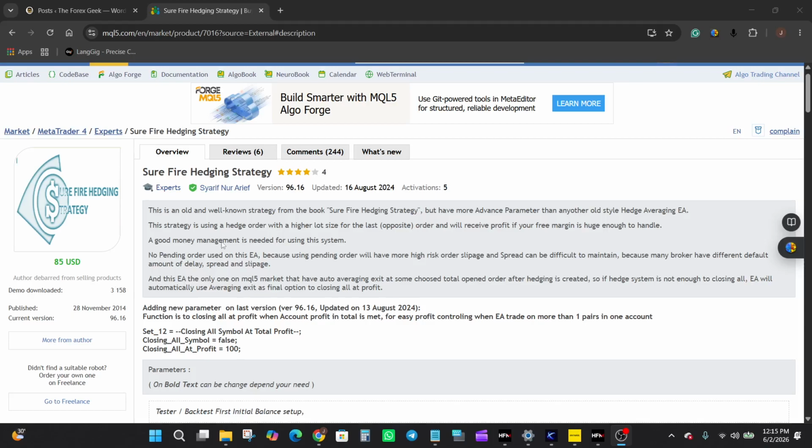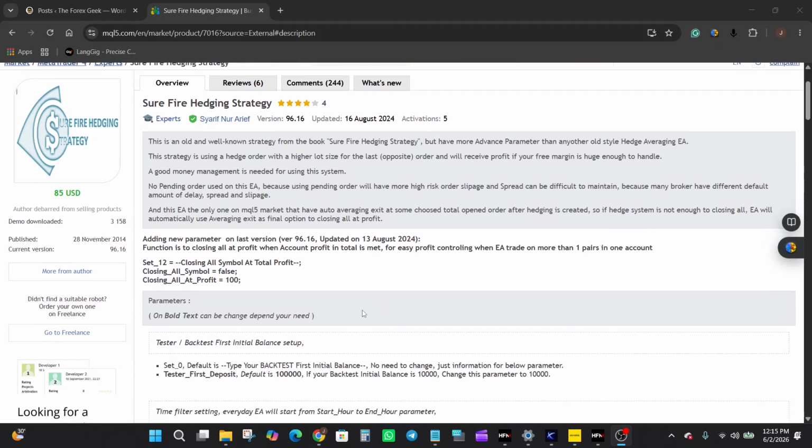Developed by Serif No REF, the current version is 96.16, updated in August 2024 with 5 activations. This is an important detail about the author being marked as debarred from selling products, which is something I had to take note of. So you have to take note of that when reviewing a system on the marketplace.